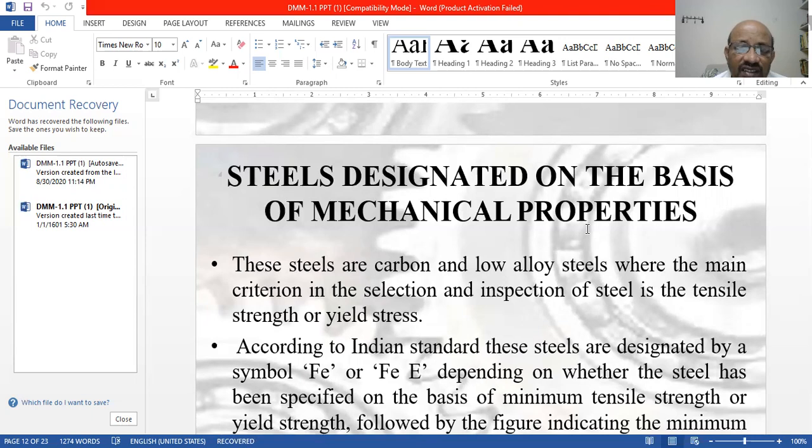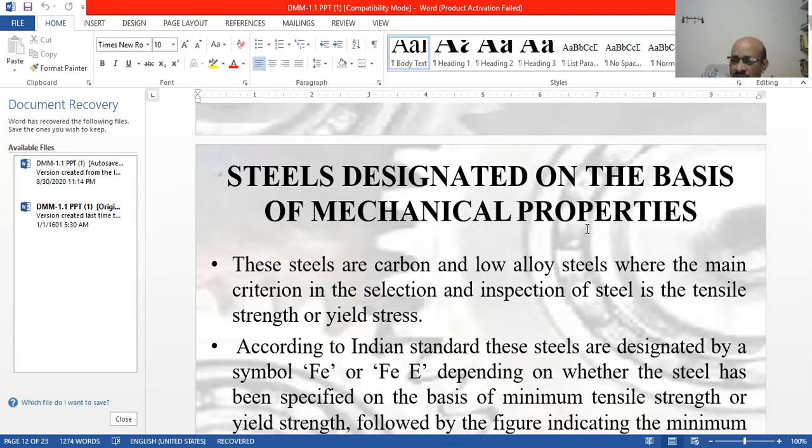These steels have a low carbon percentage and low alloy content. We have to test the tensile strength as well as the yield stress before using this material.